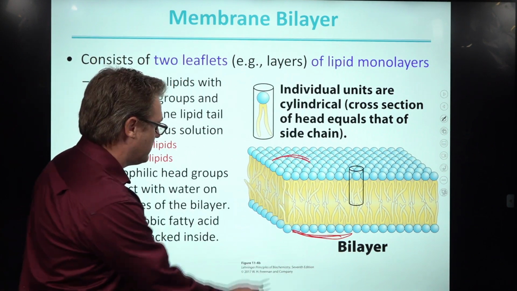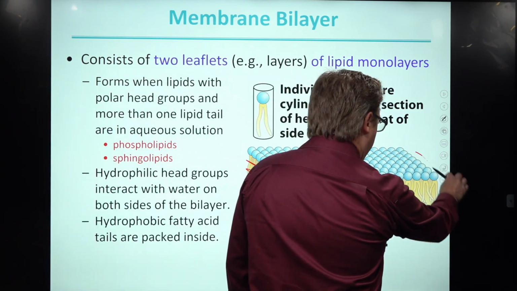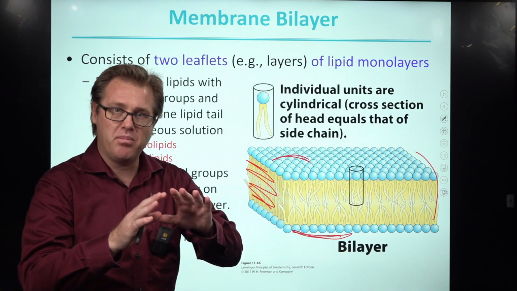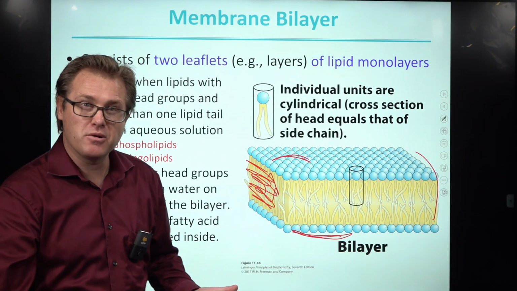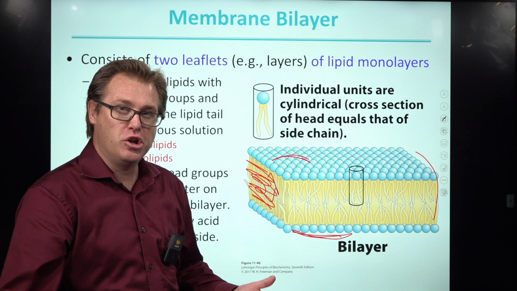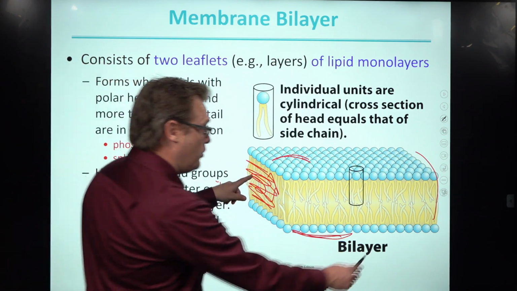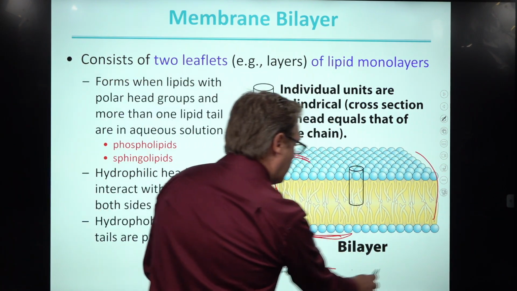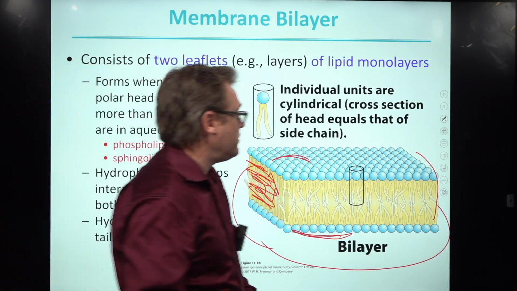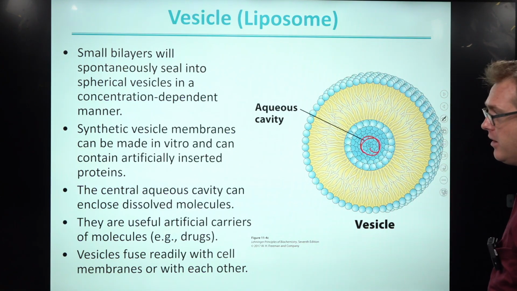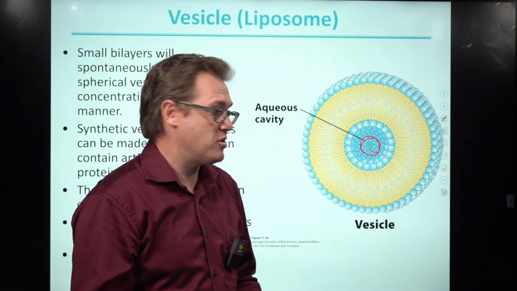But look at this. What about that edge and the edge on the other side? If it just formed a bilayer, you have these edges right here that are exposed to water. And so to get rid of that exposure on the edges of this bilayer, these two ends come together and form the sphere. And that's what we get here. So that's another driving force to get these shapes right here.